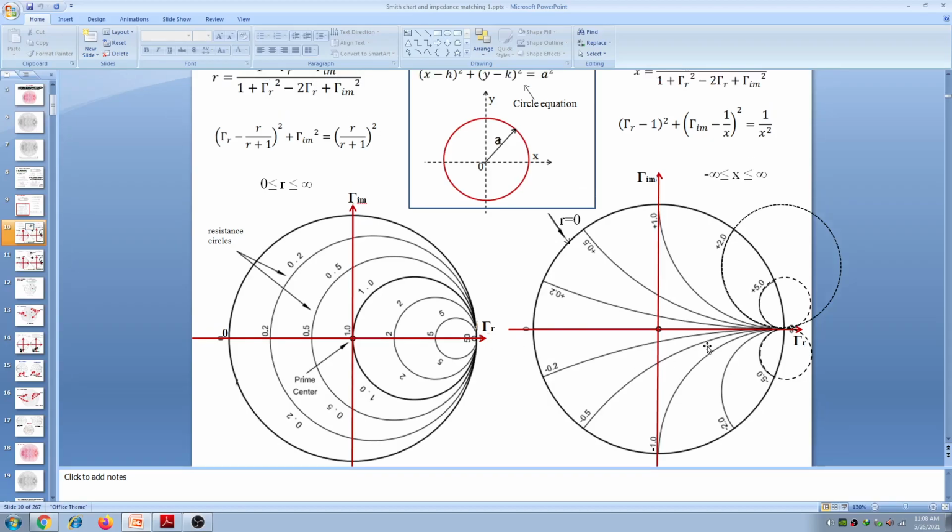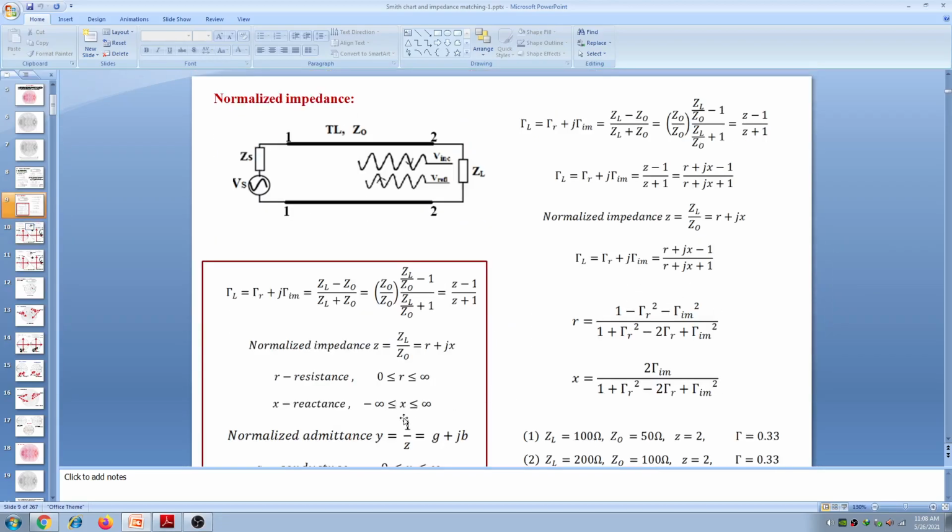Similarly, we saw reactance circles on the Smith chart. They are associated with the X value, from minus infinity to plus infinity.